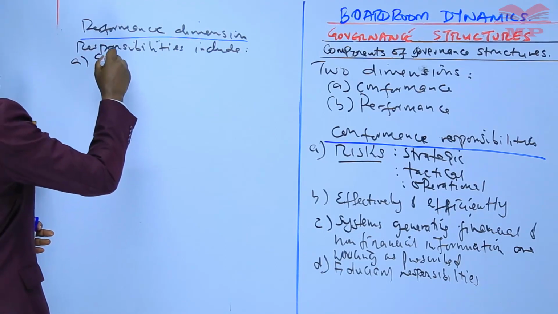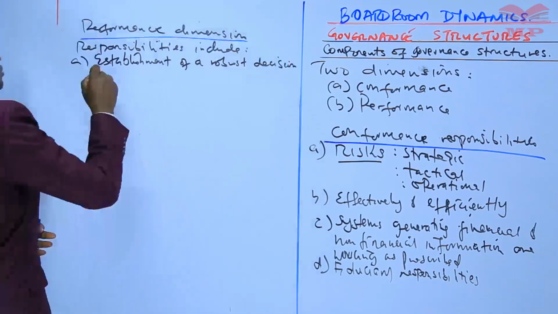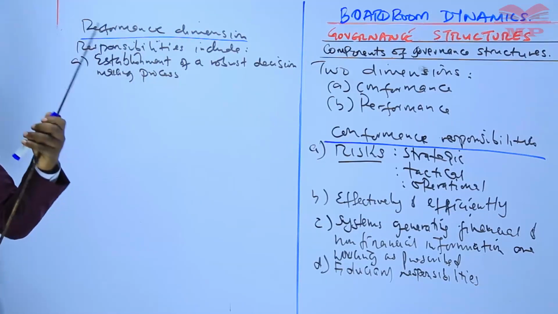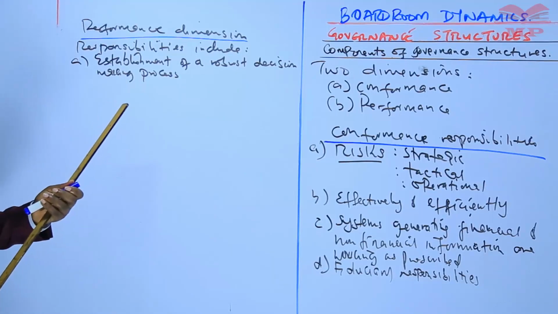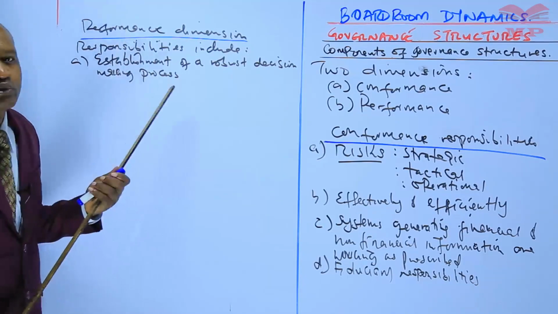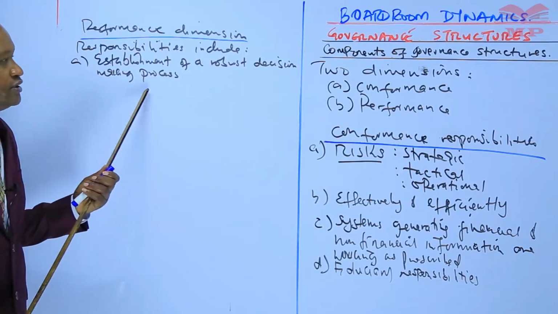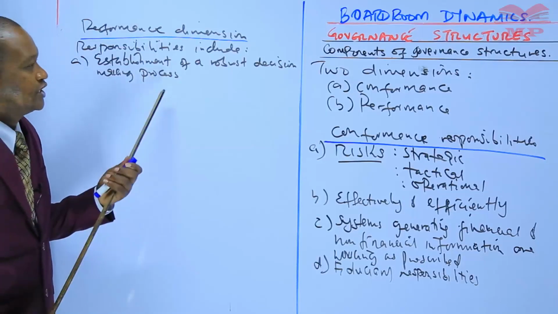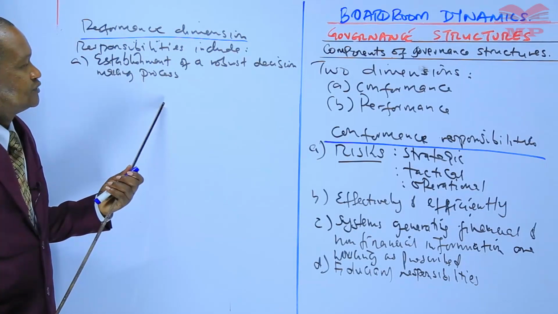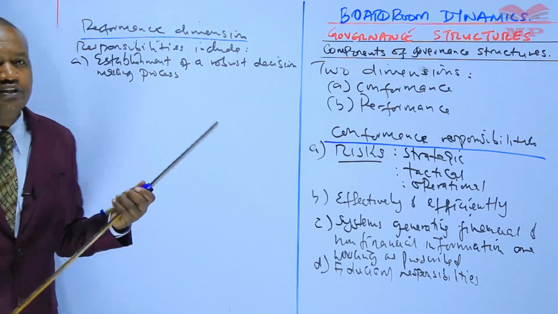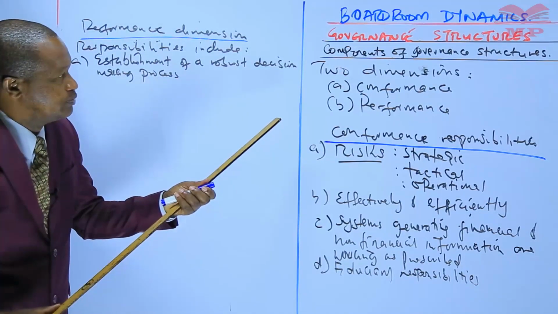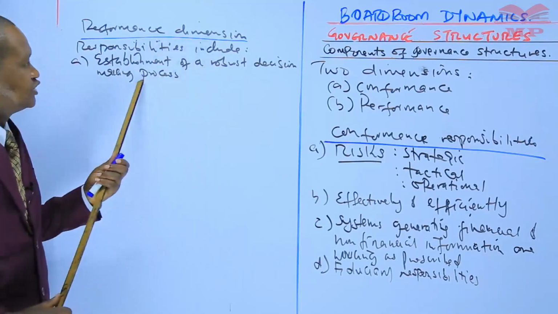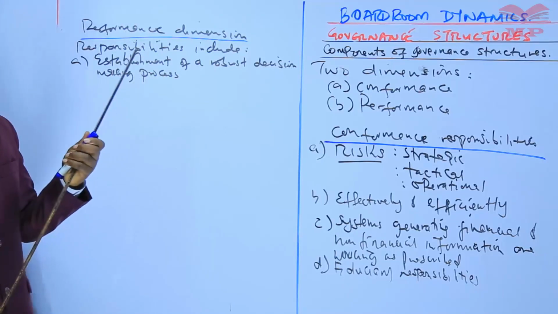Because the performance dimension focuses on strategy, value creation, and resource utilization, strategic objectives can only be achieved if there is a robust decision-making process.